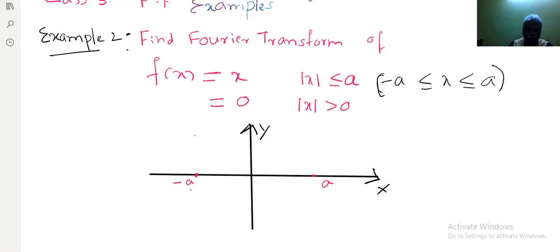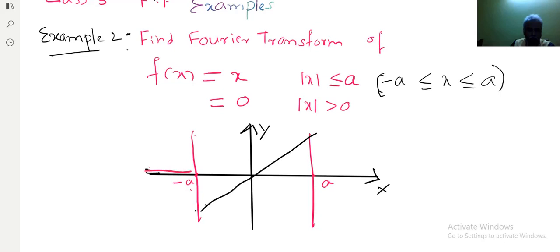Between minus a to plus a, the line y equal to x is the function, and outside the range it is 0.